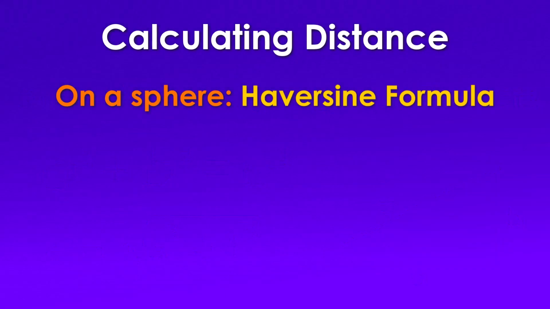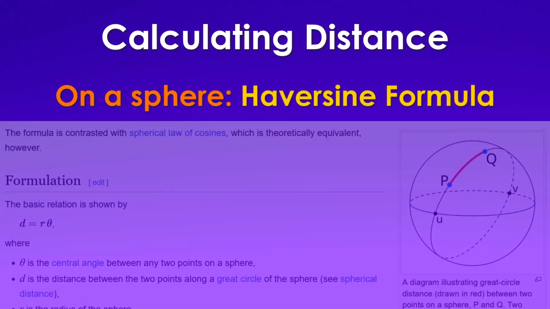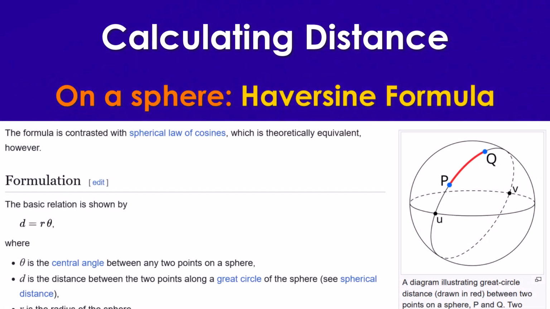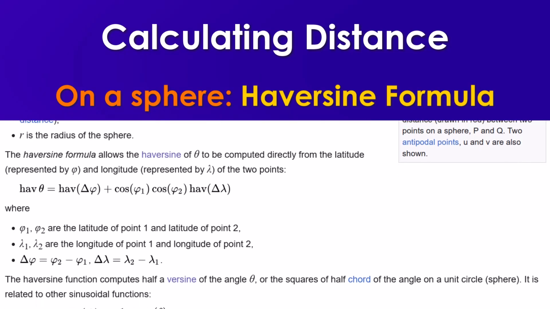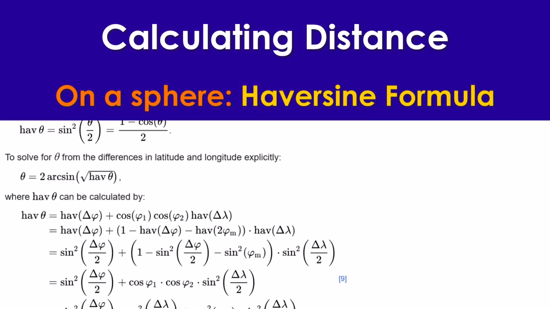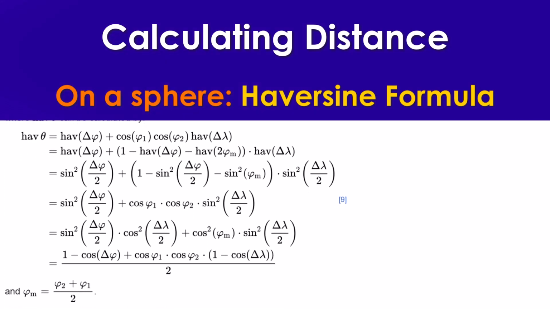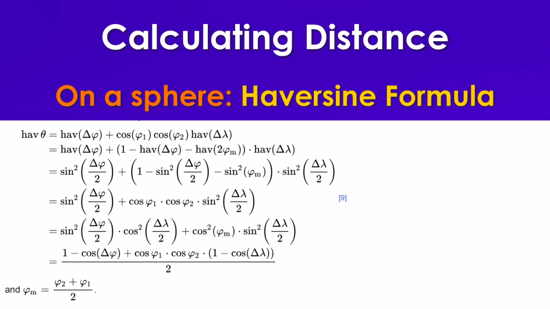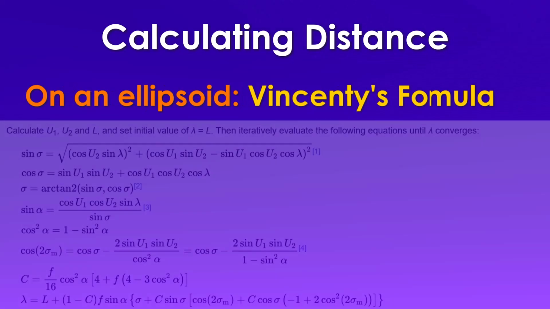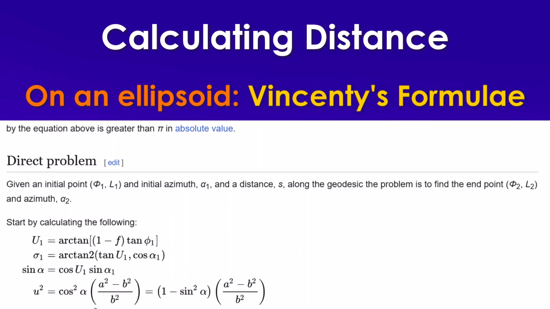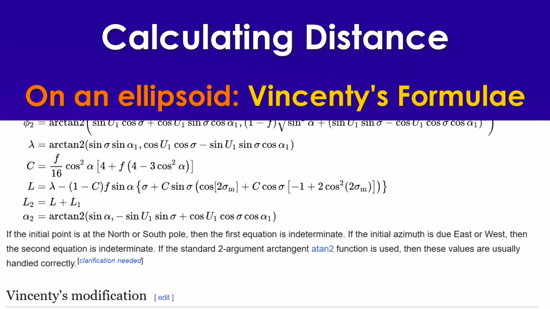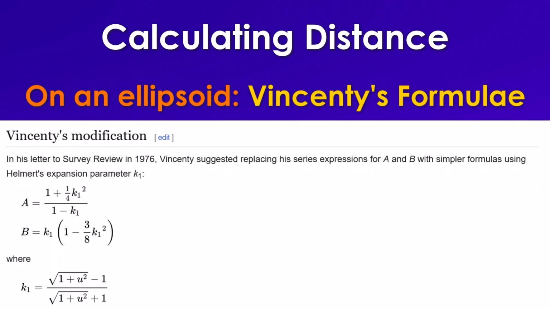To calculate distance on a sphere using latitude and longitude, we need the Haversine formula, which involves sines, cosines, arctangents, and is significantly more complex than the Pythagorean theorem. If we want to calculate distances between 2 points on Earth's ellipsoidal shape, we use Vincenty's formulae, which is even more computationally intensive. It involves multiple formulas, not just one.